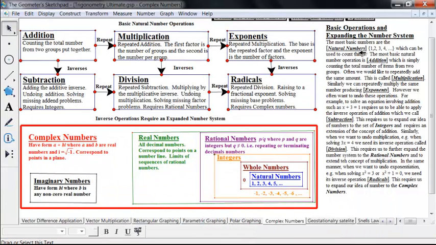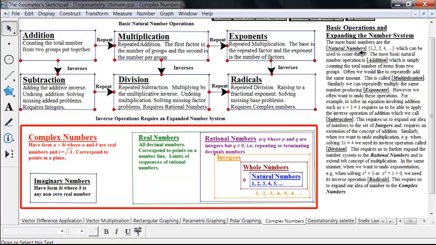So this is the complex number system, and the complex number system is our basic number system. It's very useful. You can add, subtract, multiply, divide, and take exponents and radicals pretty much at will within the complex number system, and you can solve any polynomial equation in the complex number system.